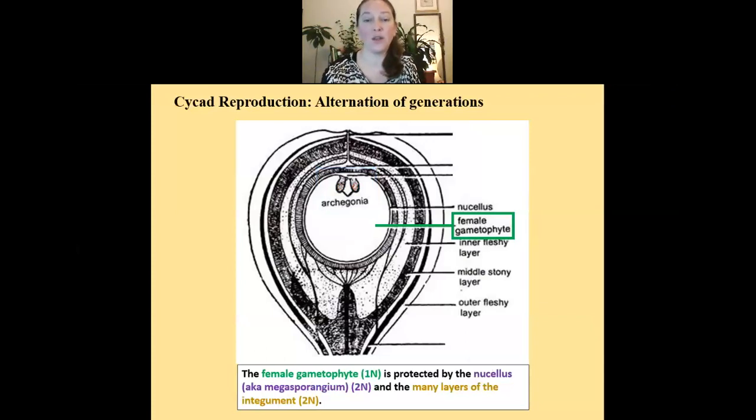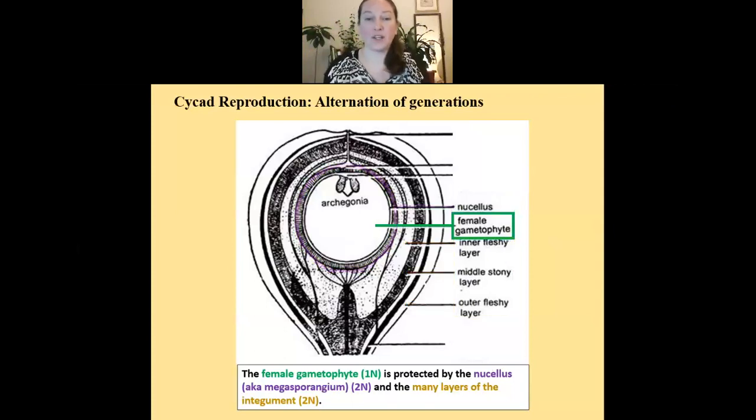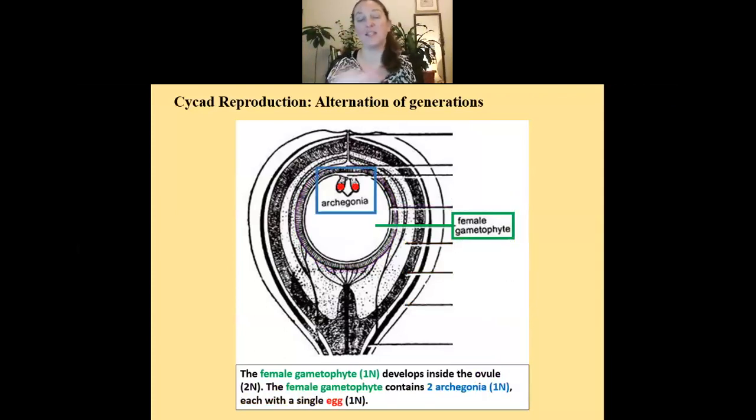So it's this whole layer of protection. Look, female gametophyte plant in the middle. First of all, it's surrounded by the nucellus or the Microsporangium. And then on top of that, it's surrounded by many layers of this integument. So that's a lot of protection for these eggs inside.